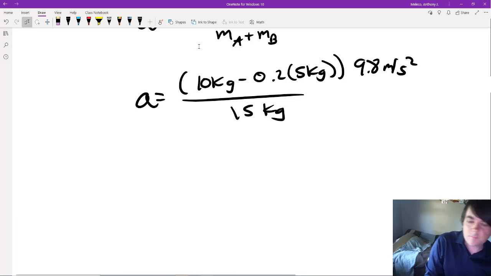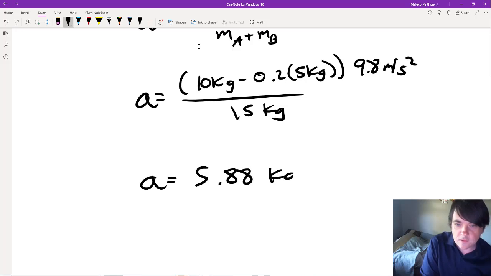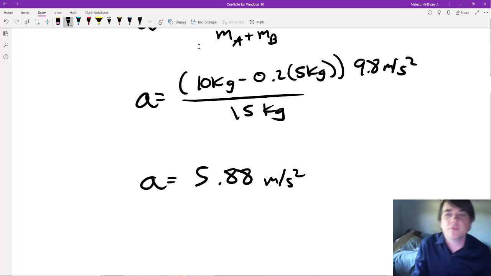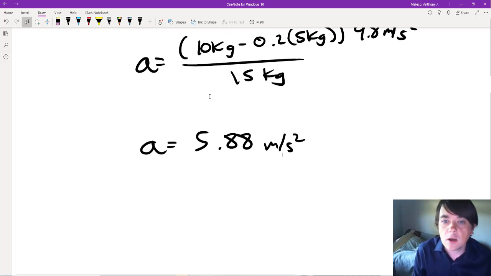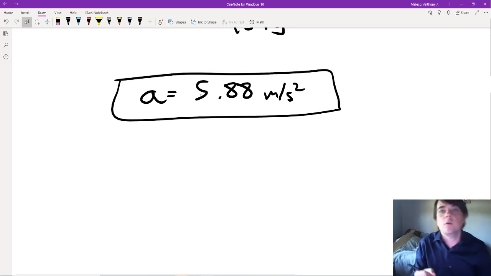We get a equals 5.88 meters per second squared, because the kilograms cancel and we're left with just meters per second squared. Awesome. So that's how you do the Atwood's table with friction.